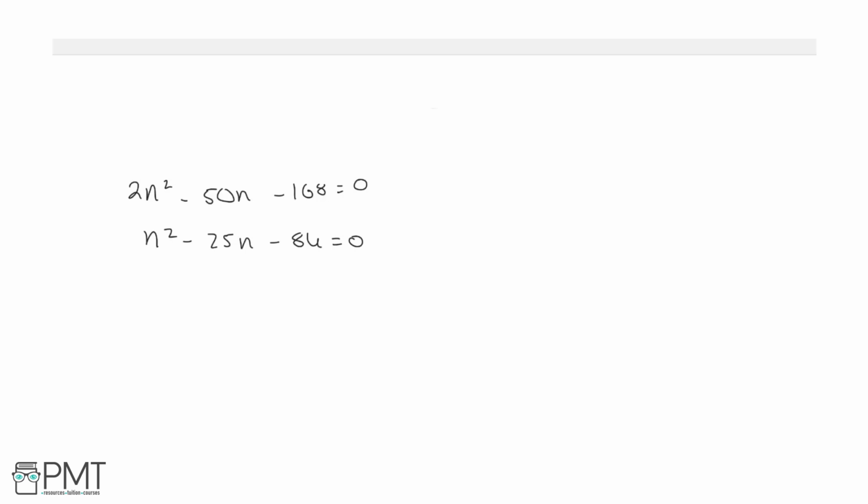Then we will use our quadratic formula, which is minus b plus or minus the square root of b squared minus 4ac all over 2a, which gives us our two roots, our two solutions.